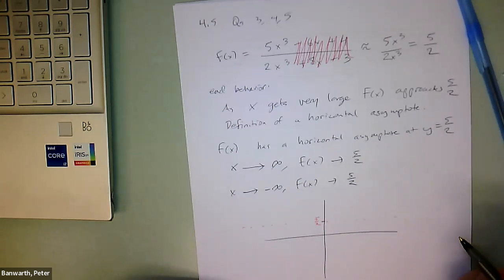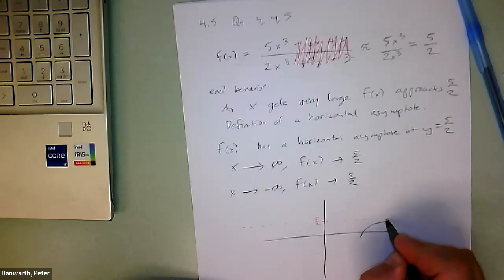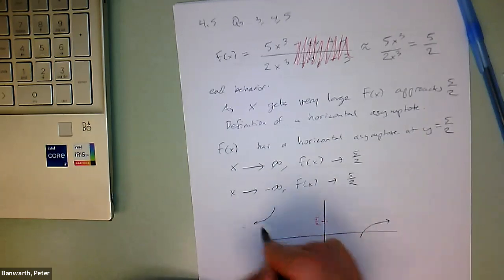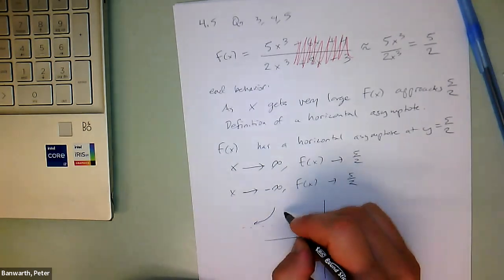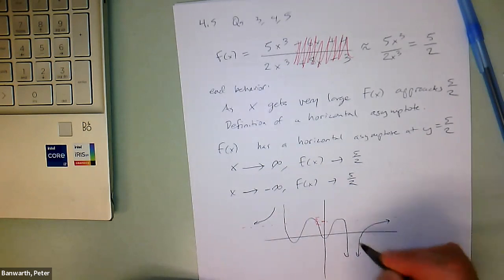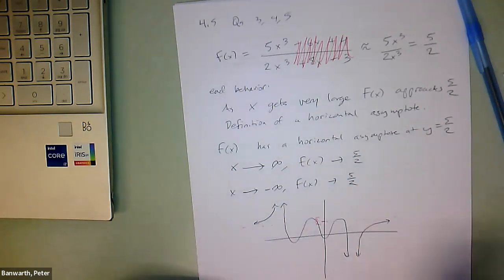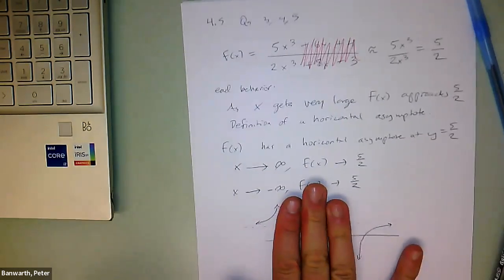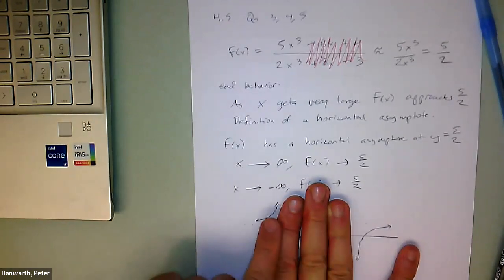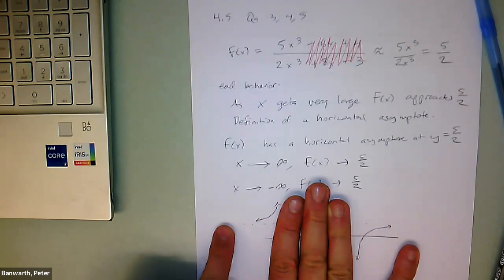I don't know exactly what's happening, but I do know at the end, probably looking something like this. Maybe it's like this with, I don't know, there could be an asymptote in here, it could go around, maybe like that. I don't know, but I do know as I go out towards positive infinity, it goes to 5/2. As I go to negative infinity, it goes to 5/2.